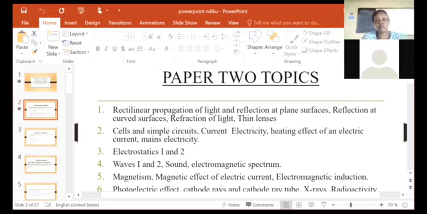Photoelectric effect Form 4, cathode rays and cathode ray tube, also Form 4, X-rays, radioactivity, and electronics Form 4. So those are the topics tested in paper 2. As you revise for paper 2, make sure you revise these particular topics. The rest are in paper 1.